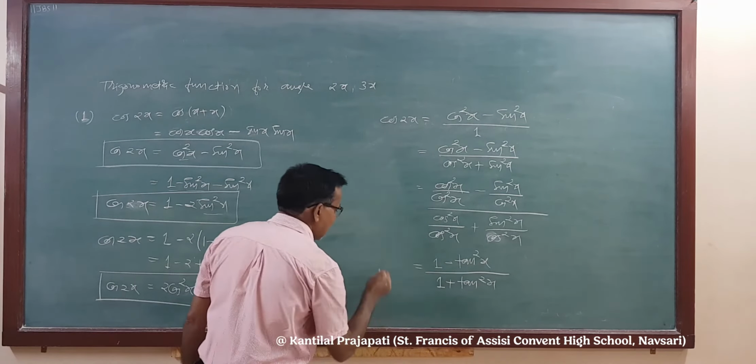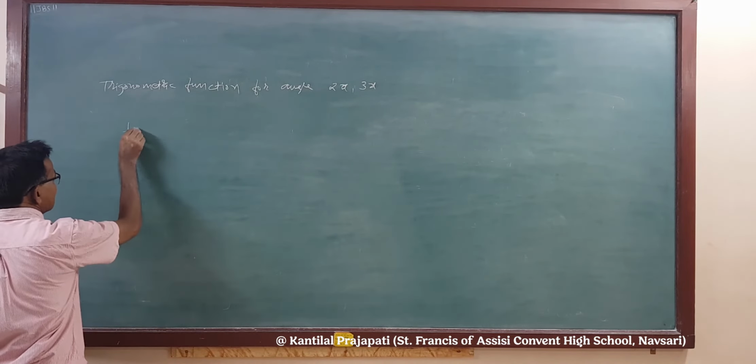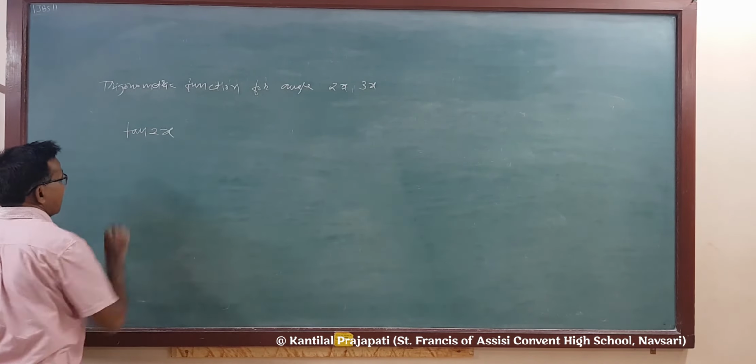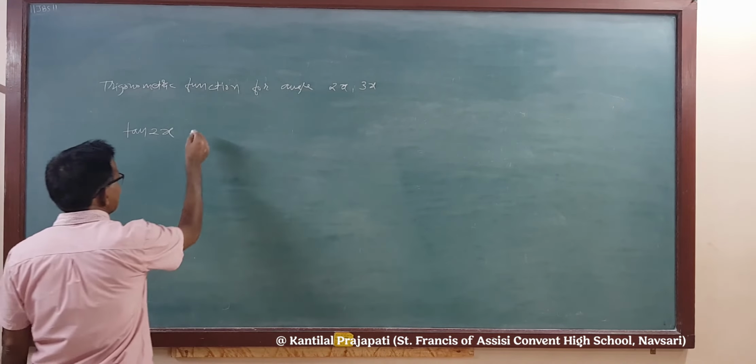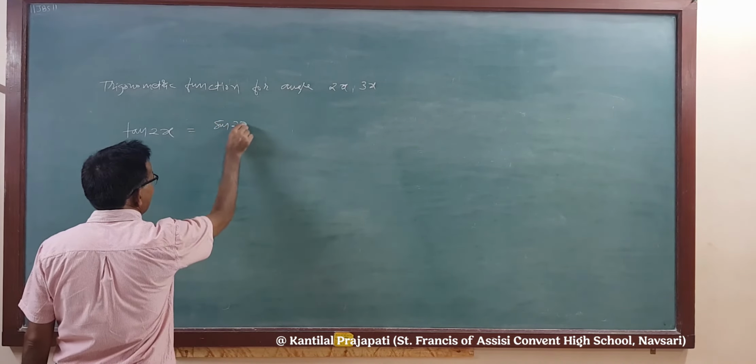Okay, now we are going to derive the formula for tan 2x. The next formula, tan 2x, is equal to sin 2x upon cos 2x. We have already derived sin 2x and cos 2x in terms of tan x.